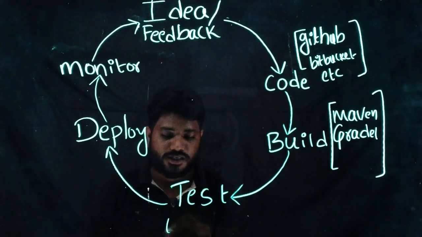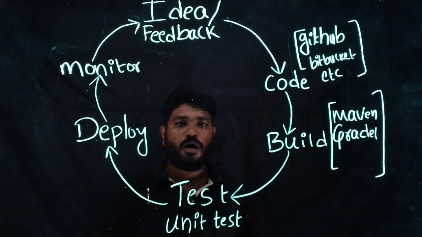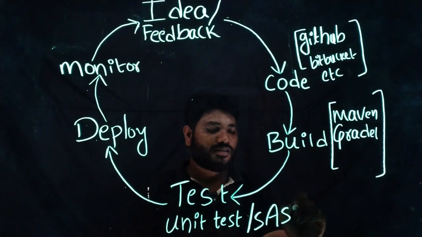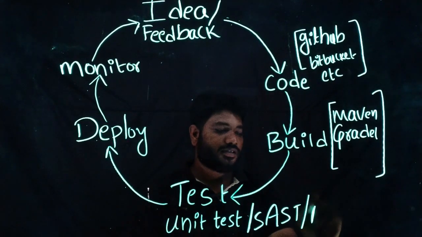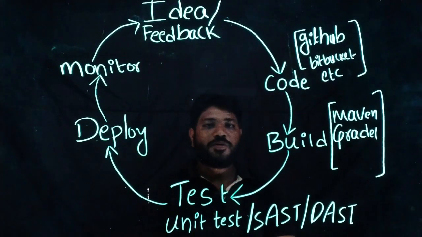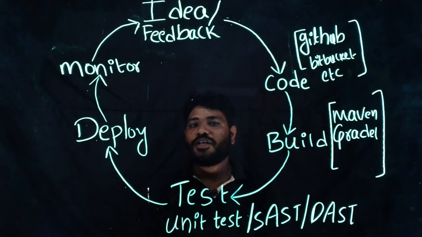It may be a unit test, or we have SAST and DAST, which means static analysis software testing and dynamic analysis software testing. You have tested it and you are going to deploy it.